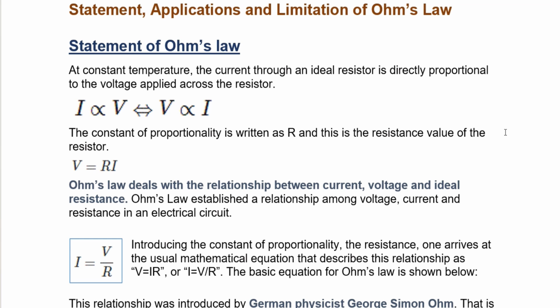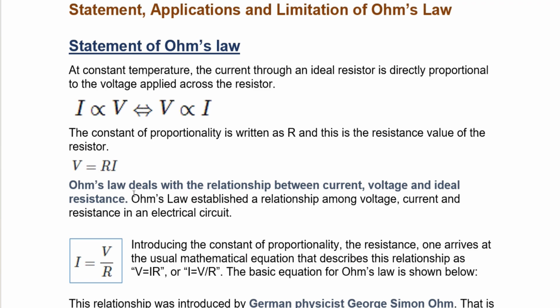And the proportionality constant, in the case of I directly proportional to V or V directly proportional to I, is R. So with this proportionality constant, V equals IR, as you can see.